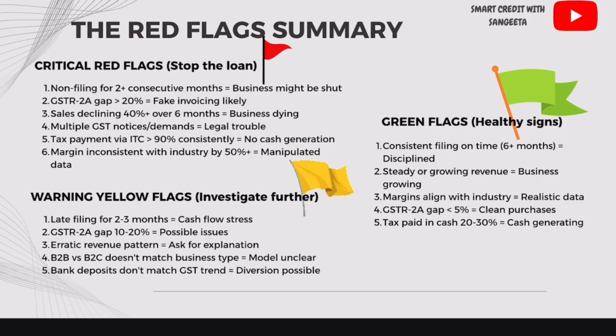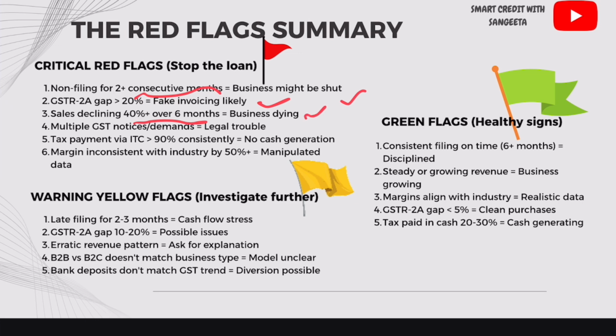If a customer has not filed the GST return for more than 2 consecutive months, then this business might be on the edge of shutting down, right? If the GSTR-2A gap is more than 20%, that clearly means they are fake invoicing, right? If sales are declining more than 40% continuously over 6 months, then this also means the business is dying.